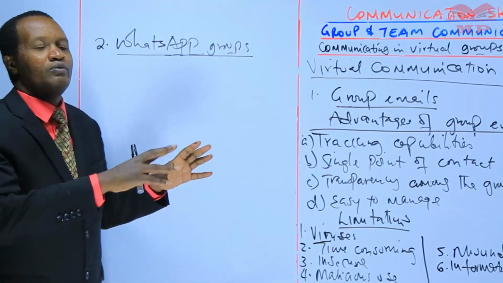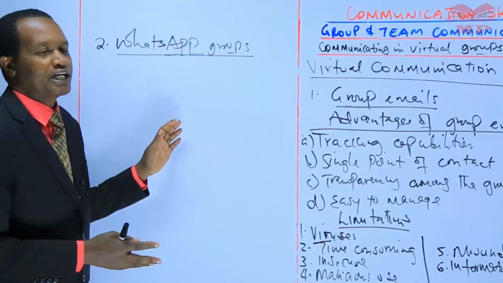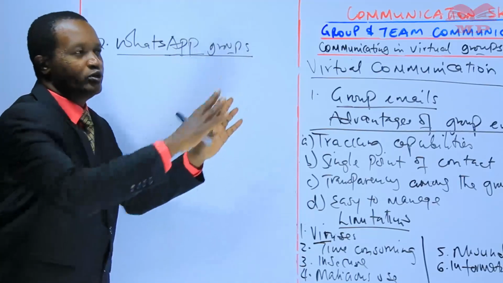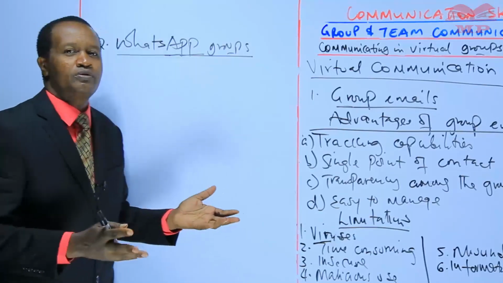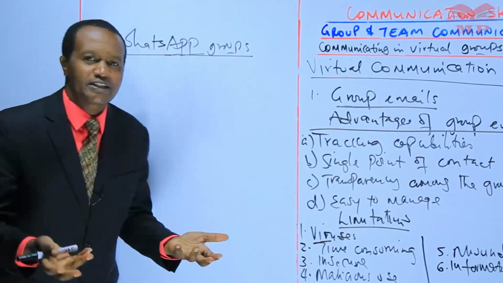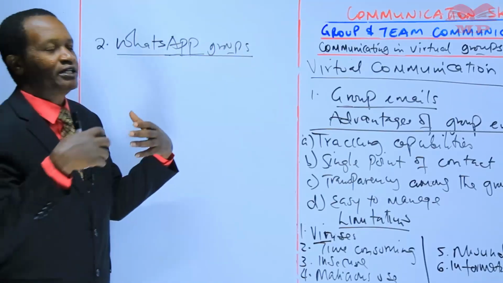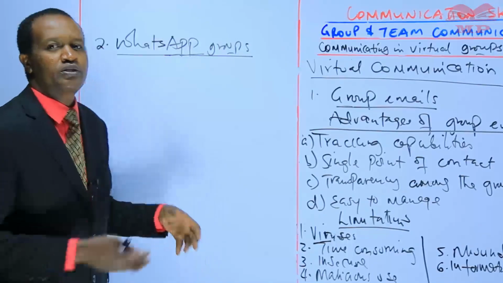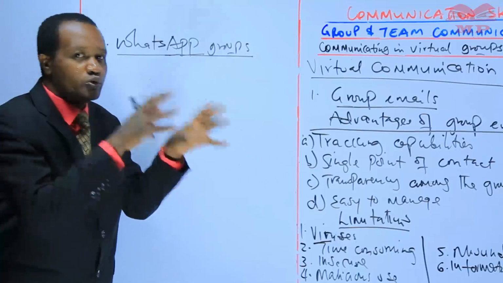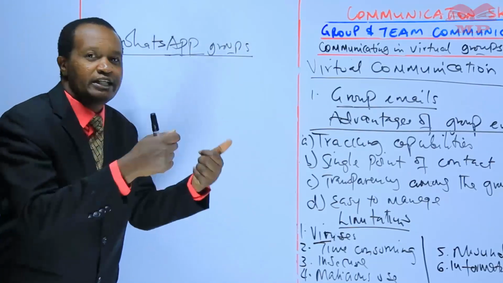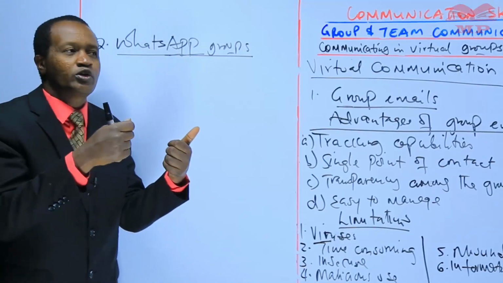You can have a WhatsApp group for the marketing campaign team. If there is a campaign team going out, the members can post messages, clips, photos, and audios on the group's wall for other group members to view.